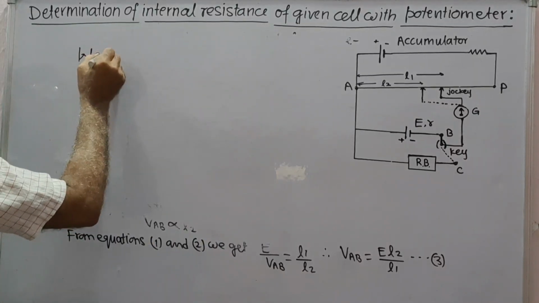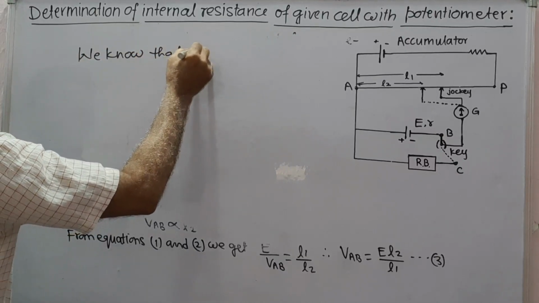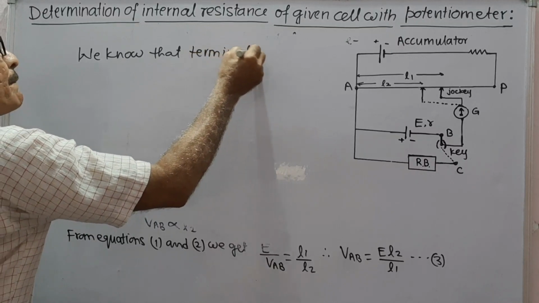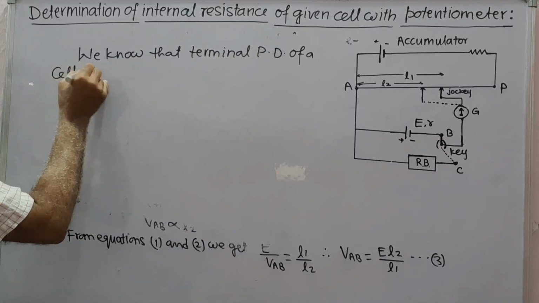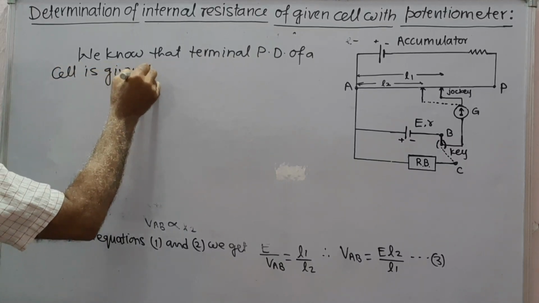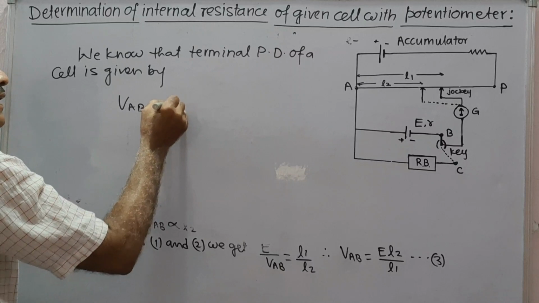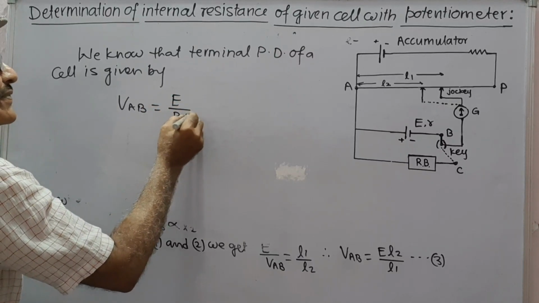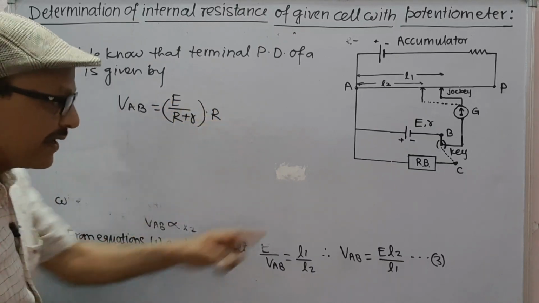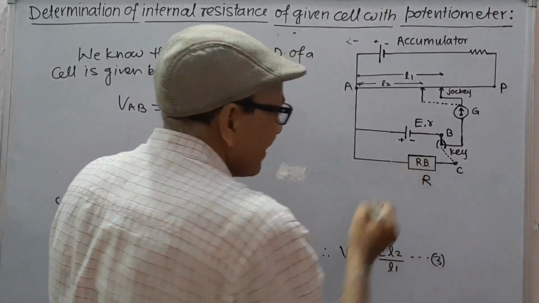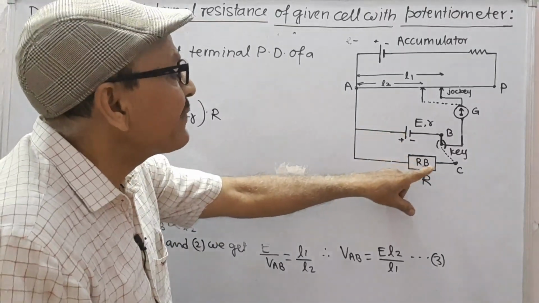We know that terminal PD of a cell, potential difference of a cell, is given by V_AB is equal to E upon R plus r into R, where R is the resistance connected across the cell with the help of resistance box.